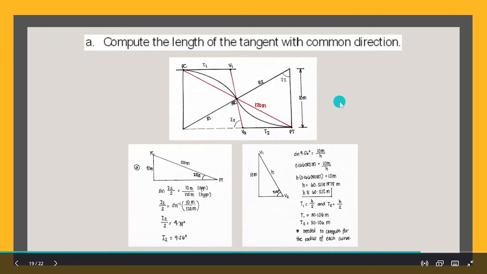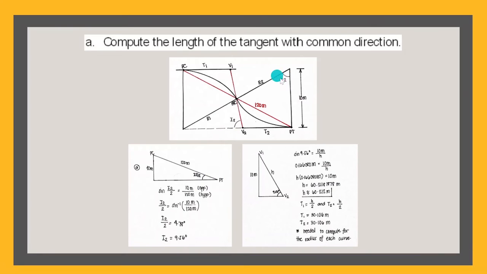But before that, we know that this angle here is the angle for our second curve. So having this, we know that this angle is I2 over 2. So we use here sine of I2 over 2 is equal to the opposite, 10 meters, over the hypotenuse, which is 120 meters.